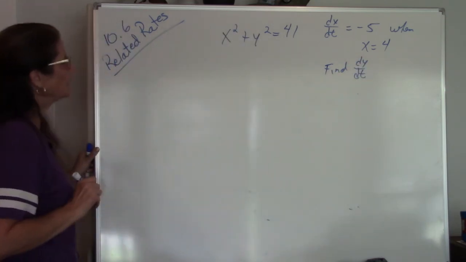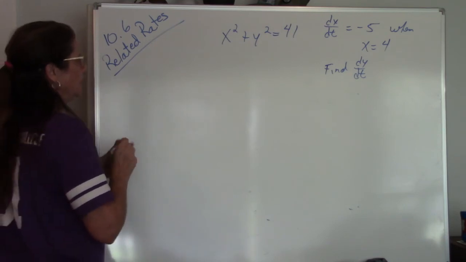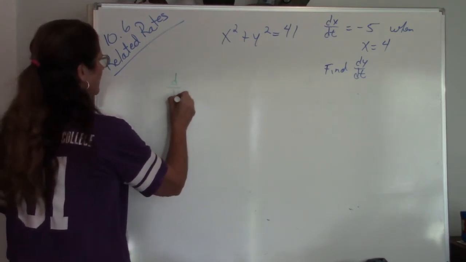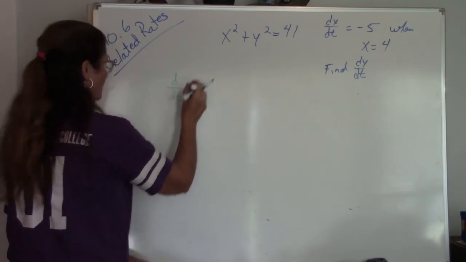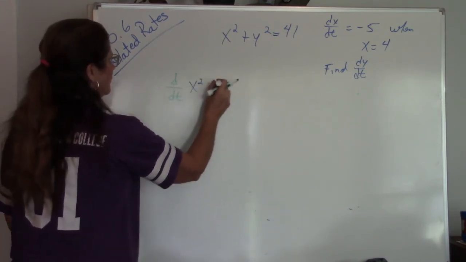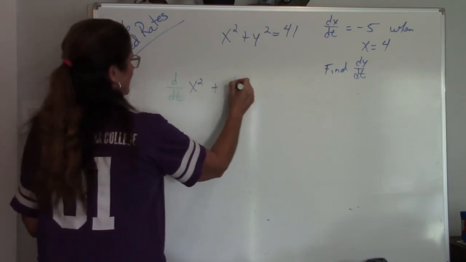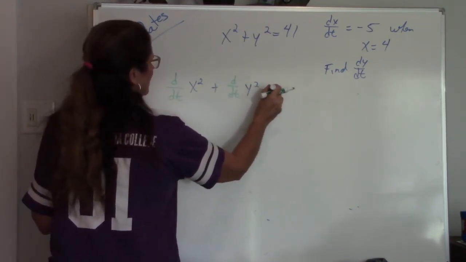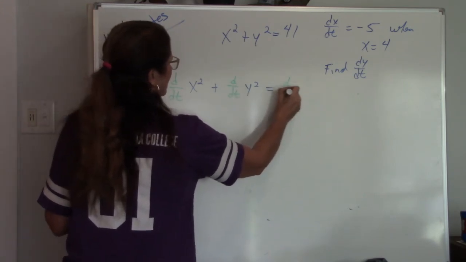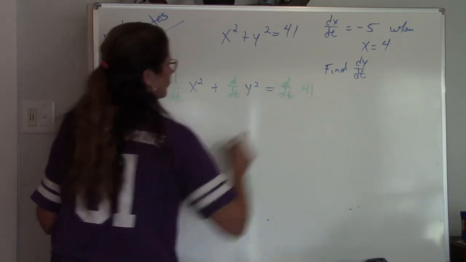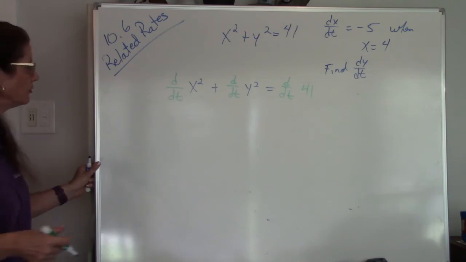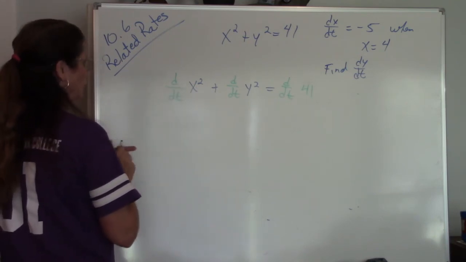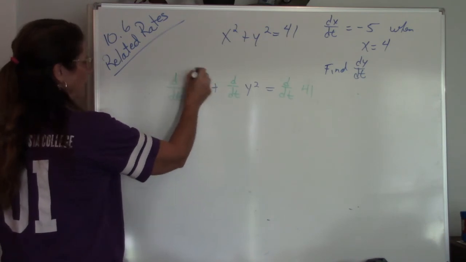Okay? All right, so here we go. We're going to do d/dt of every term: d/dt of x squared plus d/dt of y squared equals d/dt of 41. Okay, so implicit differentiation. These variables are different, so I'm going to find the derivative. I'm going to peel the 2 off.